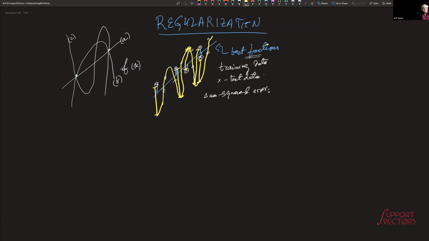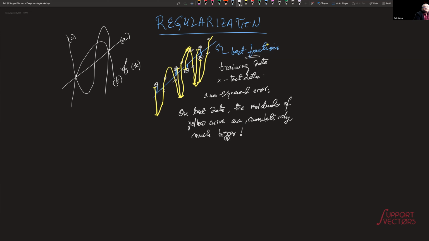But what do you notice? On test data, the residuals of the yellow curve are cumulatively much bigger in size, right?